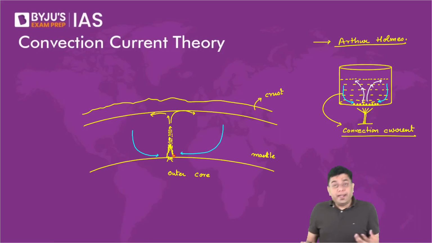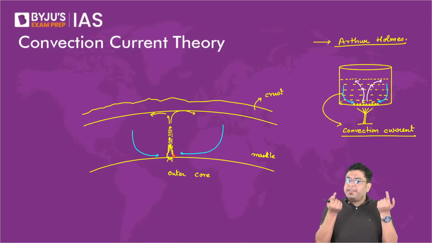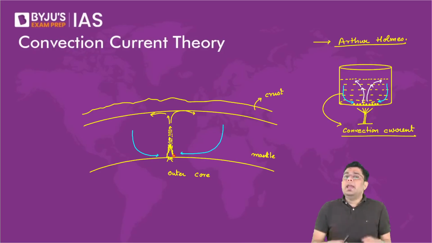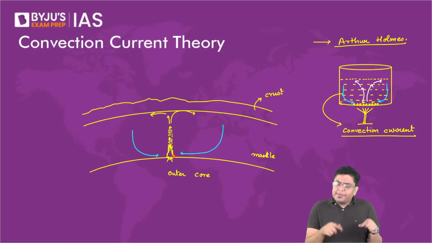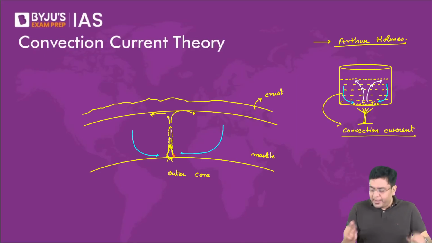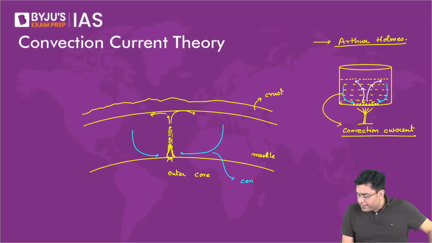It will also get heated up. It will also get molten. It will also start rising up, isn't it? Now, here, this is what is a convection current. So this is what is a convection current in the mantle.